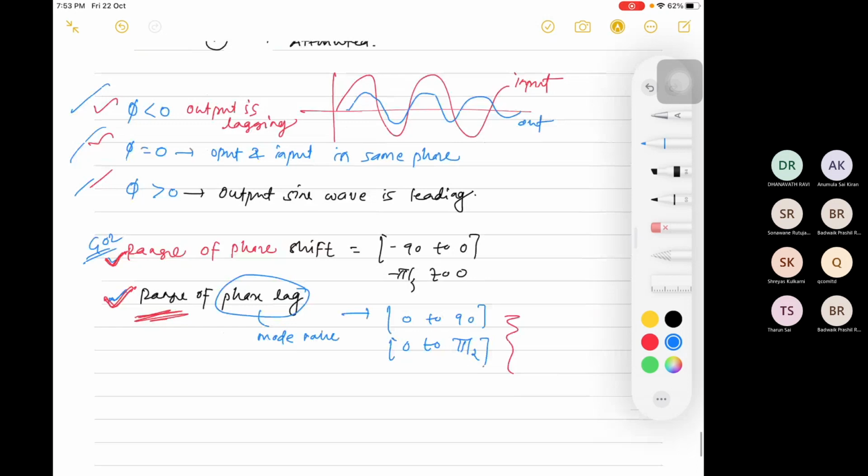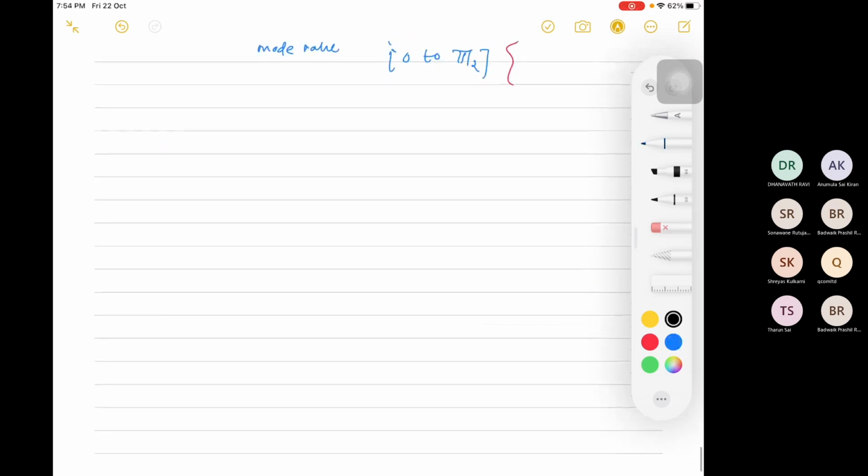Okay, you write down the formulas now. Can we extend the class so that I can cover everything if possible?